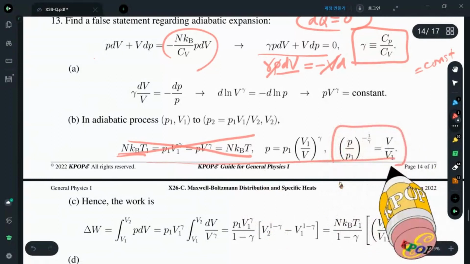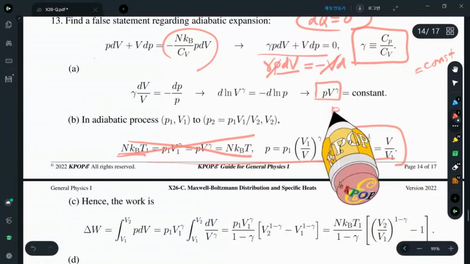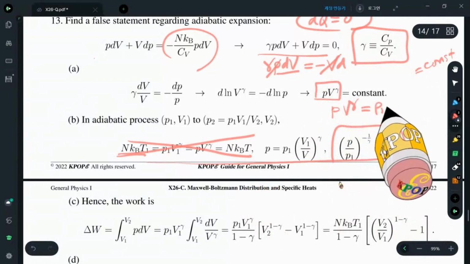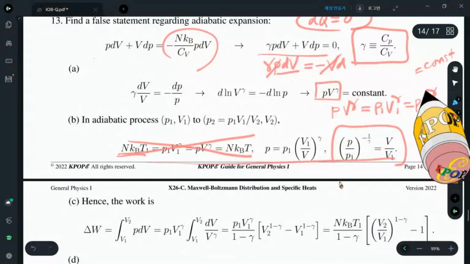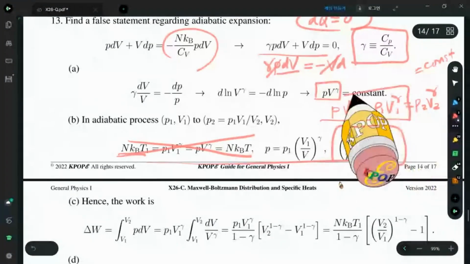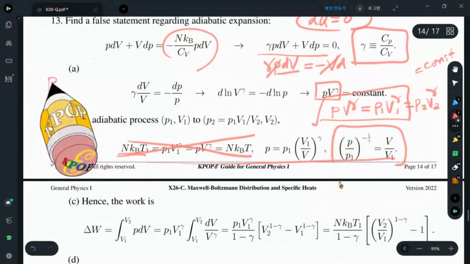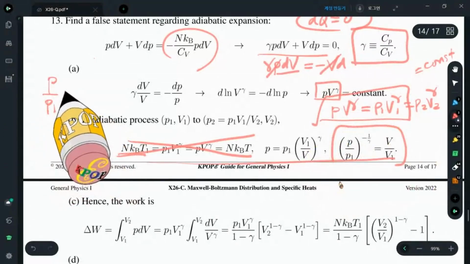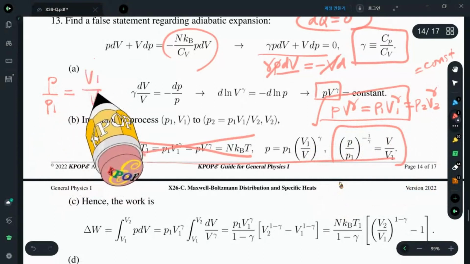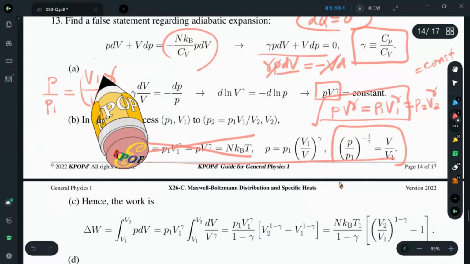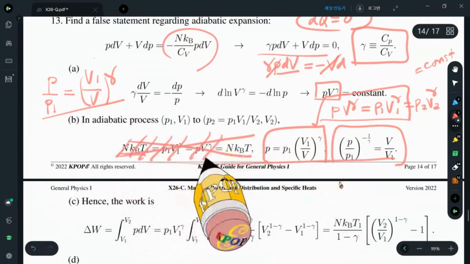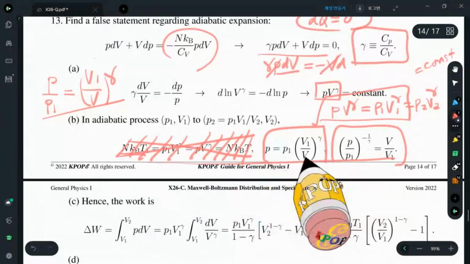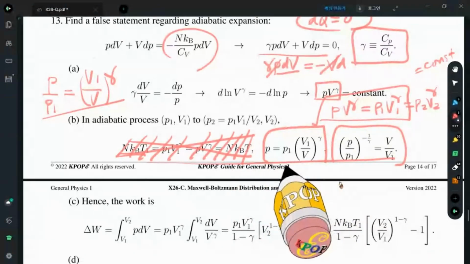What we need is only this formula: PV^gamma equals P1 V1^gamma equals P2 V2^gamma, something like that. If we choose V1 only, then we can find P over P1 equals V1 over V to the gamma. Okay, that's this. We don't require this. It should be raised to the gamma, and this is a trivial replacement.